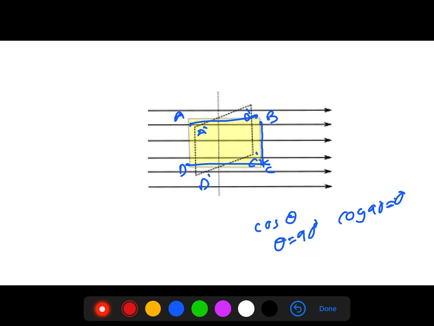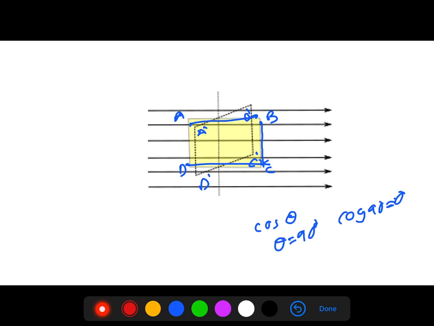This shows that there is a certain orientation of the area for which the line integral is a maximum. We can find that value by using curl.